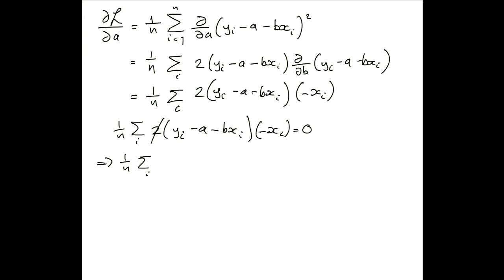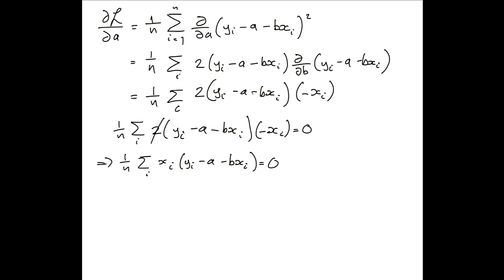Okay, so we can do something else. We can get this xi to be over here, times (yi minus a). This is just for convenience. We can do that.